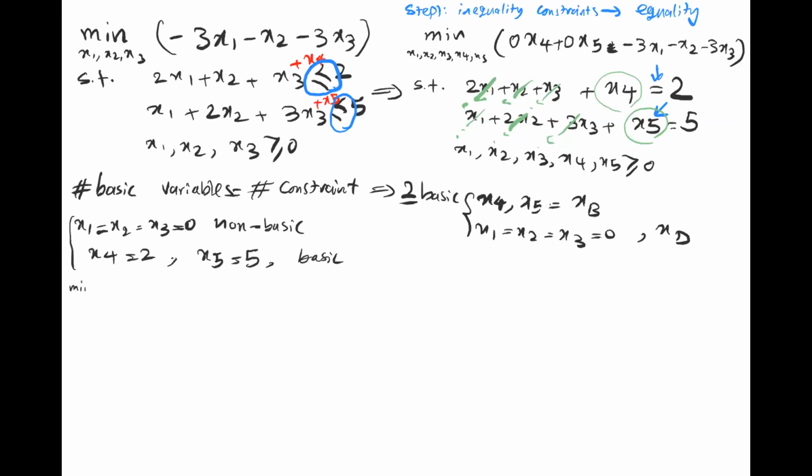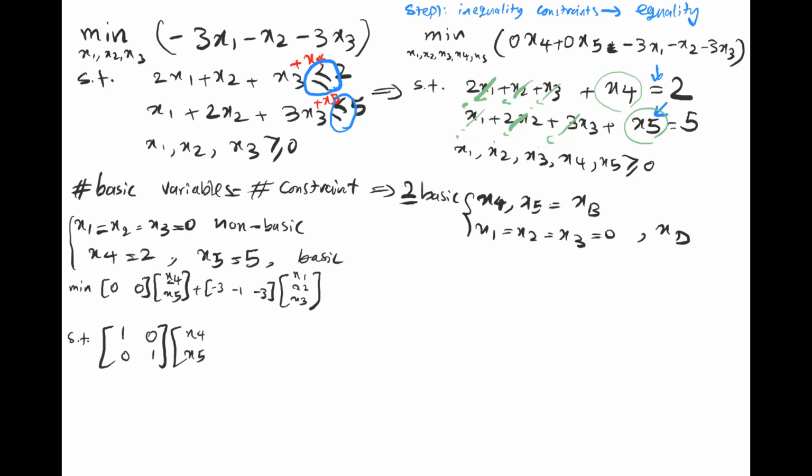So it's going to be minimizing 0, 0 for x4 and x5, because they don't appear in the objective function, plus -3, -1, -3 for x1, x2, x3, subject to, now we want to write it in the standard format, x4, x5 plus the matrix 2, 1, 1; 1, 2, 3 times x1, x2, x3 is equal to 2, 5.